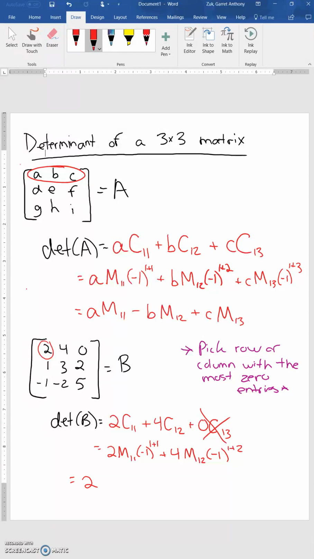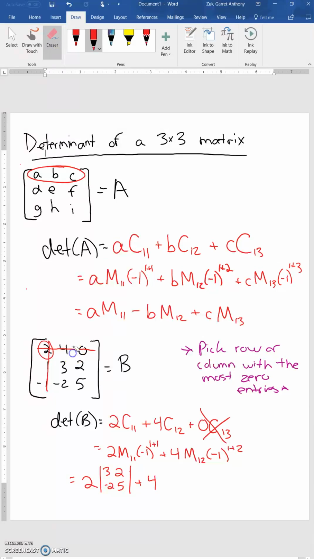So now we've got 2 times the minor at 1, 1. Again, we're going to eliminate the first row and the first column. So what are we left with? We're left with this little 2 by 2 matrix, 3, 2, -2, 5. Then -1 squared is just 1. Plus 4 times, what's the minor at 1, 2?